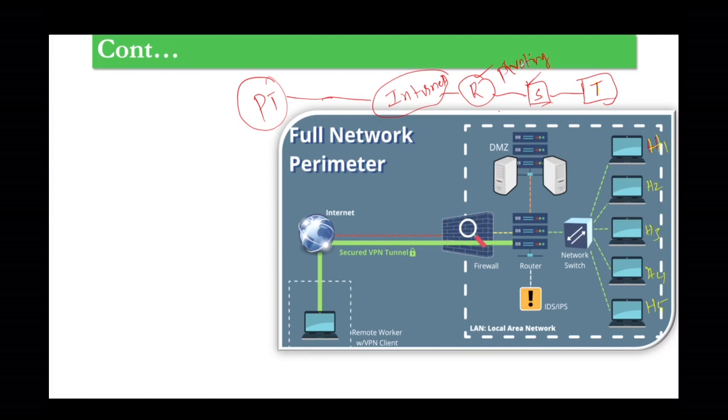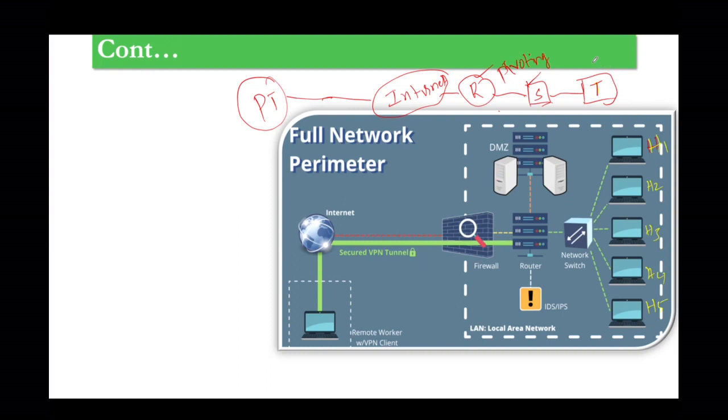This pivoting is most often used when the target machine is attached to a network but not directly reachable from our current location. So hackers and pen testers may have to pivot several times before having direct access to the original target, right?